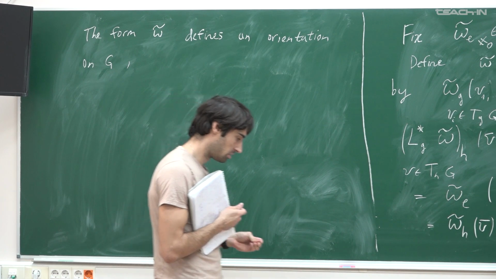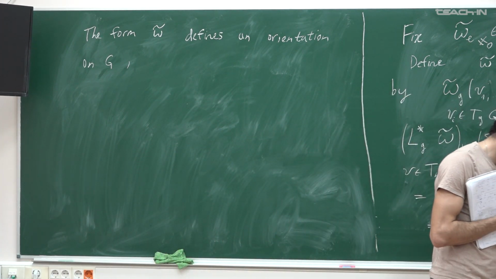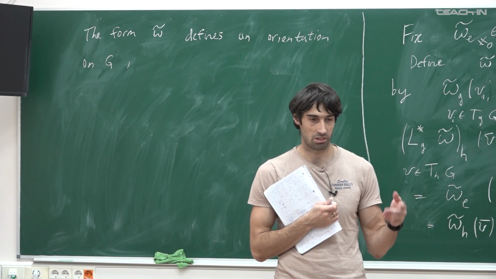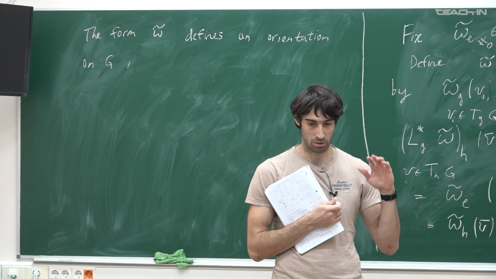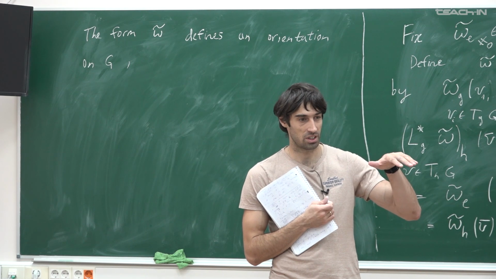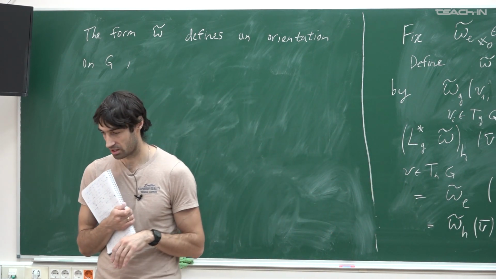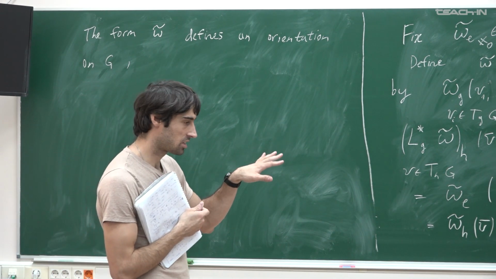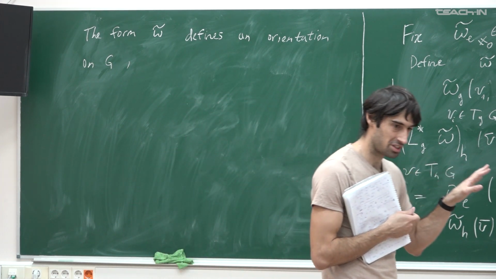And so basically it just chooses, so if you go to coordinates, in coordinates it's like dx1 wedge dx2, it gives you some order on dx, right? And so each order of coordinates, there are two classes of orders, right?